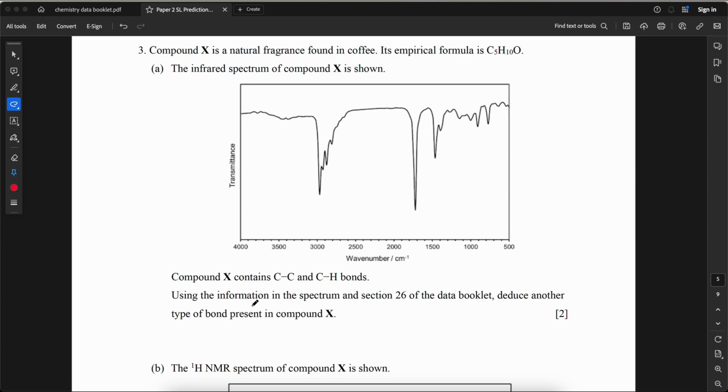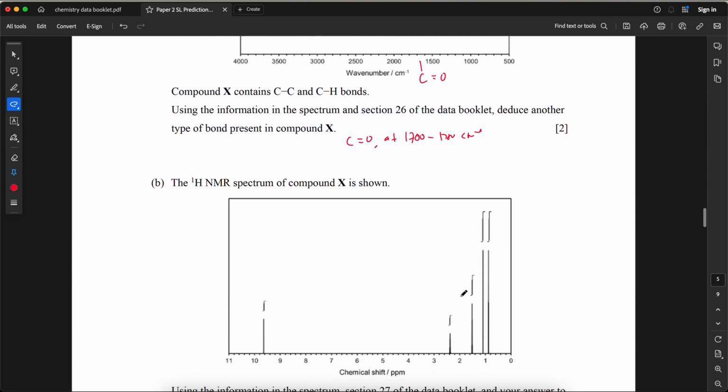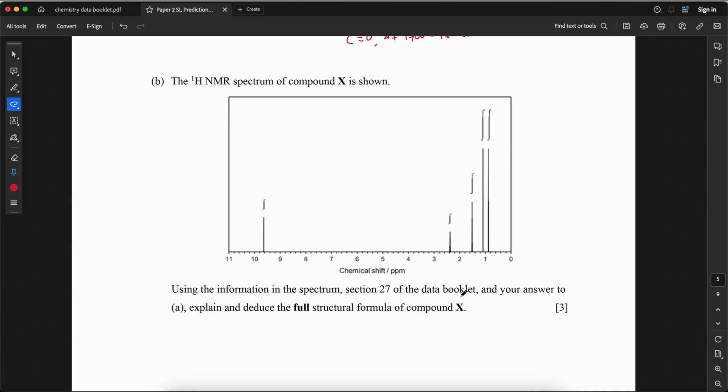Using the information in the spectrum and section 26 of the data booklet, deduce another type of bond present in compound X. There is C double bond O at 1700 to 1750 cm-1. The HNMR spectrum of compound S is shown. This is integral, so this is only for HL.